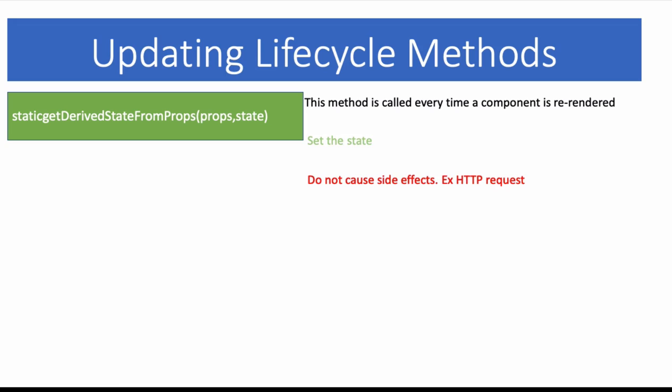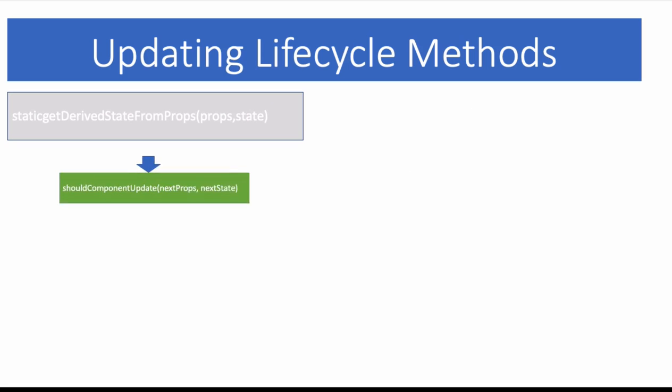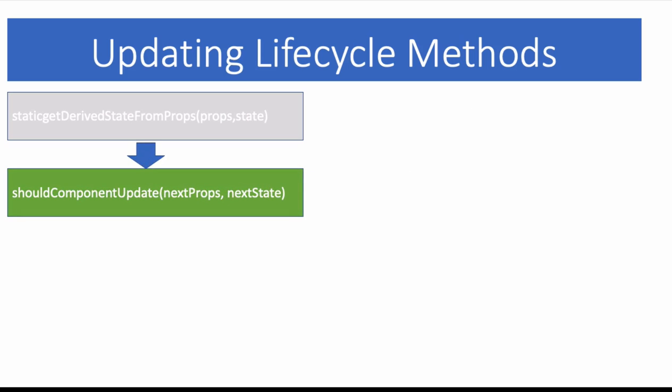The second method is shouldComponentUpdate. This method takes 2 parameters also, nextProps and nextState. This method receives the updated props and state, and the purpose of this method is clear from its name. It dictates if the component should re-render or not.